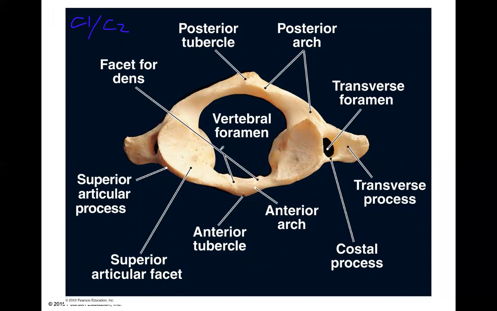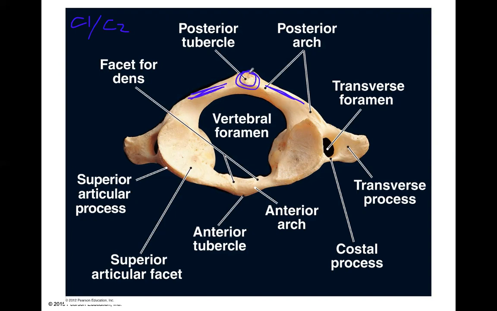So what they have, instead of a spinous process, is a posterior arch and a posterior tubercle, right? The posterior arch would be equivalent to the lamina, and the posterior tubercle would be like the spinous process.